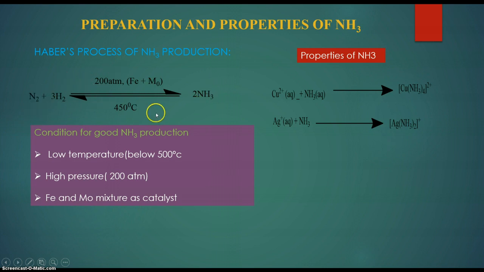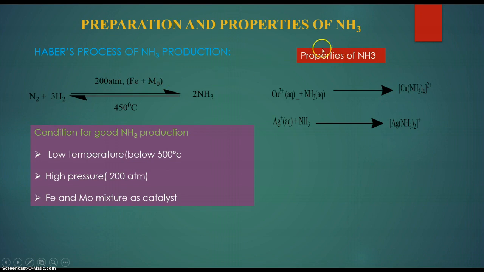So if we maintain the high pressure, that is 200 atmosphere, then the reaction will be in the forward direction. Okay, so what are the conditions for good ammonia production? Low temperature, that is below 500 degrees centigrade, and high pressure. Moreover, here we have to use a catalyst that can catalyze this process, because the process of ammonia production is a comparatively slow process. So here we use iron molybdenum mixture as the catalyst.